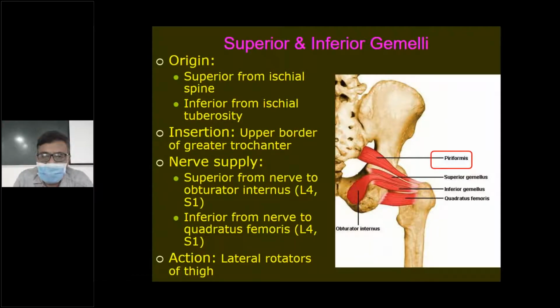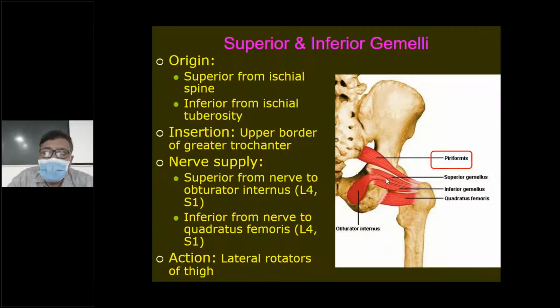Now the gemellae are quite easy to learn because they are seen easily directly in the gluteal region. As I told you, they flank the tendon of the obturator internus as the tendon comes out of the pelvis through the lesser sciatic foramen.